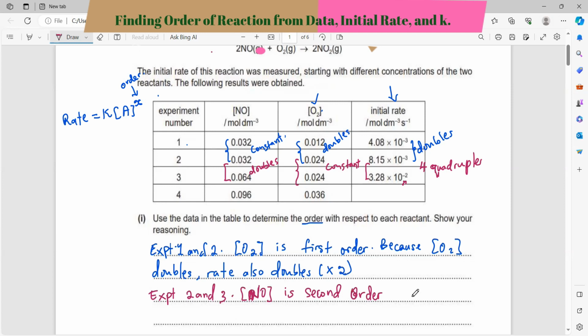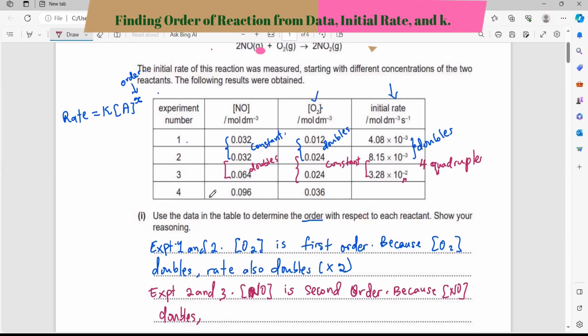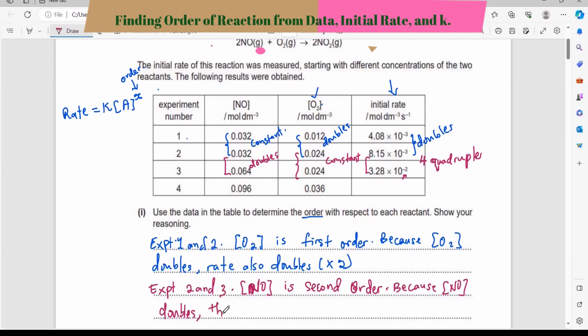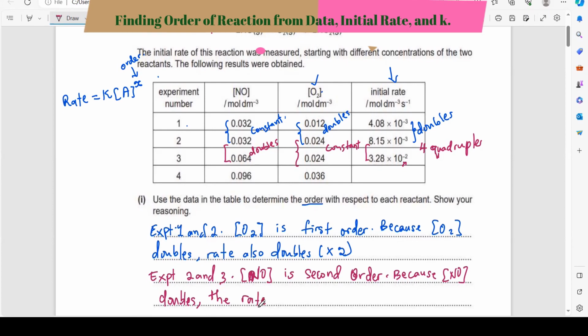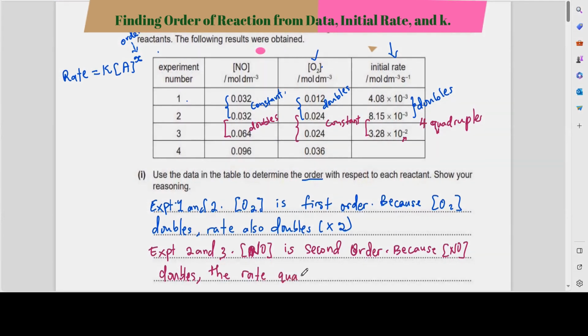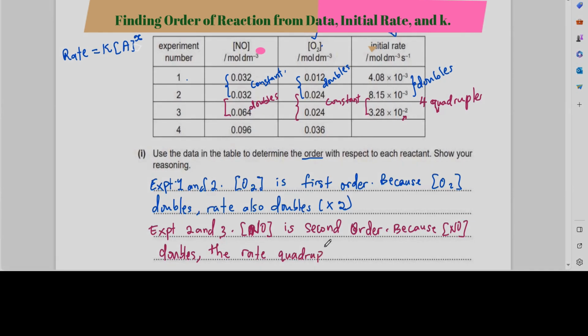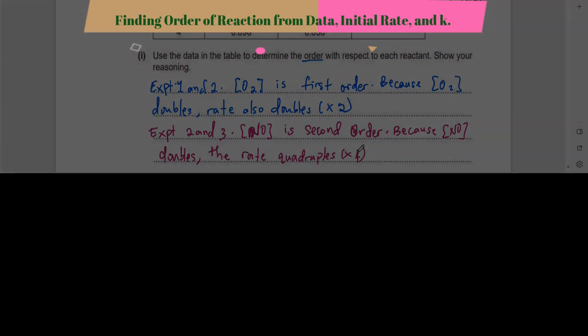This is second order because when the concentration of nitrogen(II) oxide doubles, what happens with the rates? The initial rate quadruples. Quadruples, that multiplies by 4.